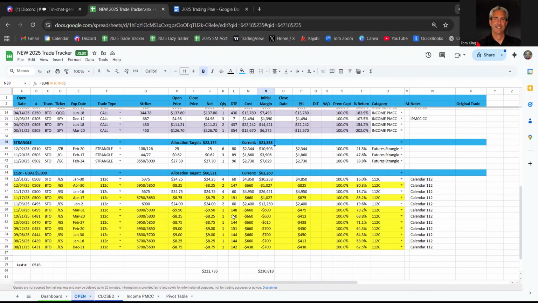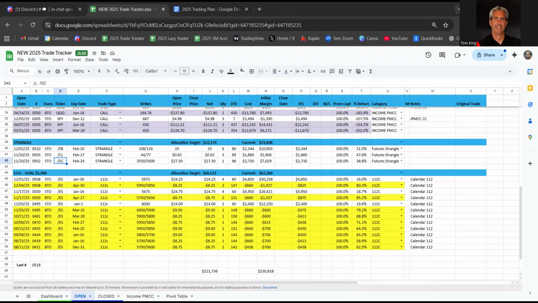That's too much risk, in my opinion. And I think I have a really nice spread here of bond, oil, and gold Strangles. And right now, the oil Strangle is up 33%, the gold Strangle is up 5%, and the bond Strangle is up 20%. So I like the fact that I have a pretty good ratio here.